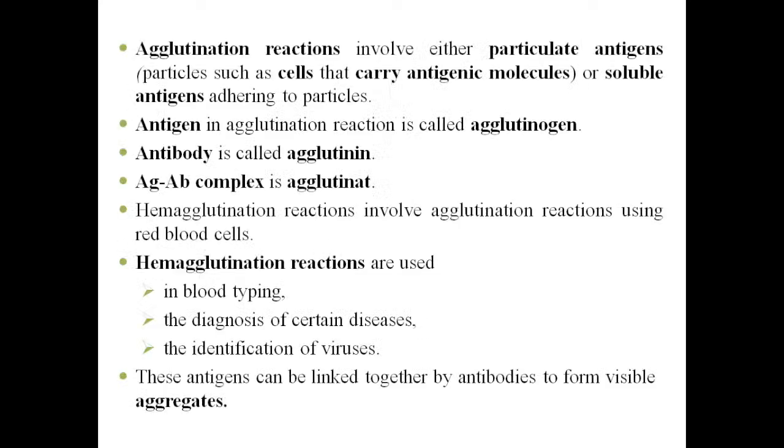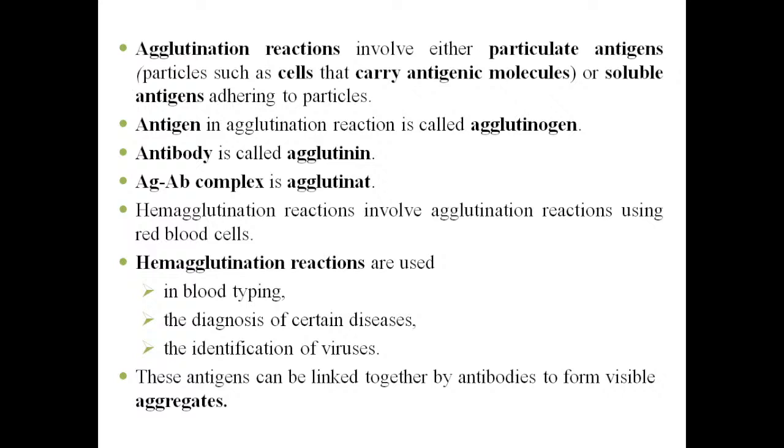The first one is agglutination test. Agglutination test or agglutination reactions involve either particulate antigens, these are particles such as cells that carry antigenic molecules, or soluble antigens adhering to particles.